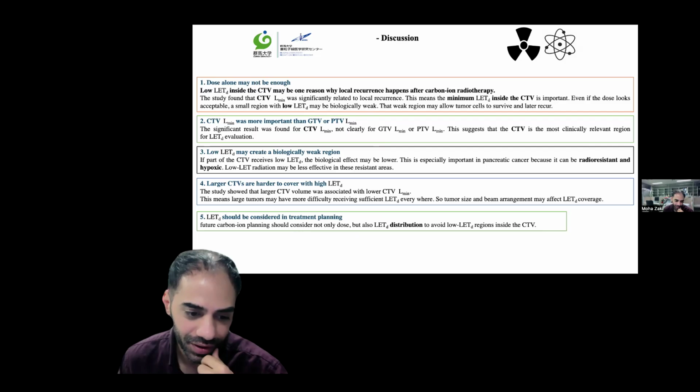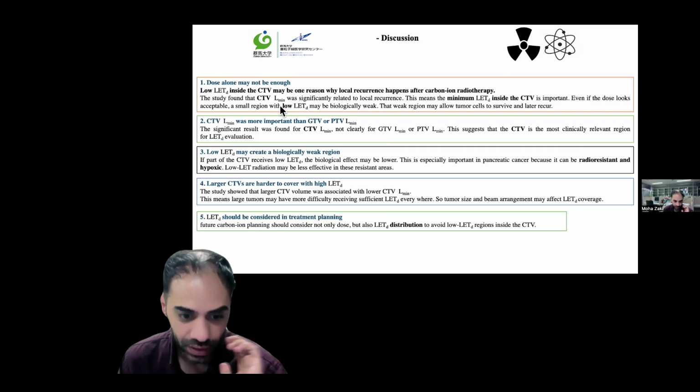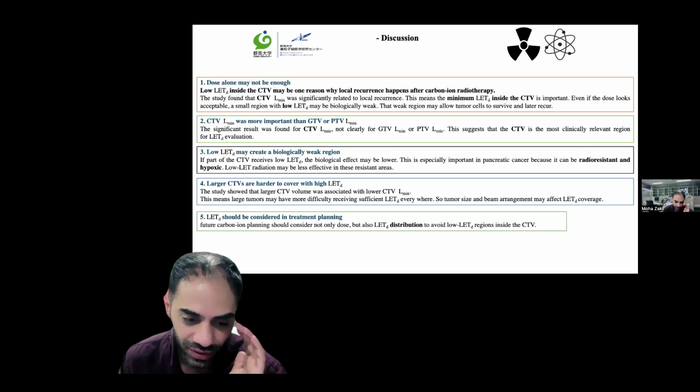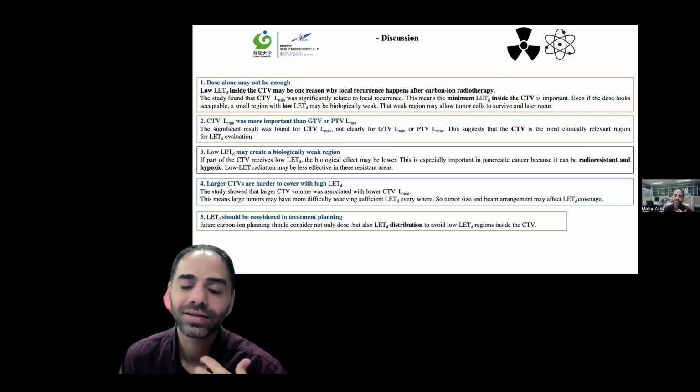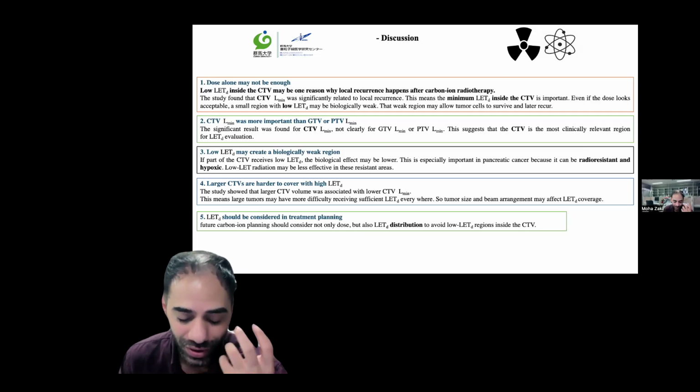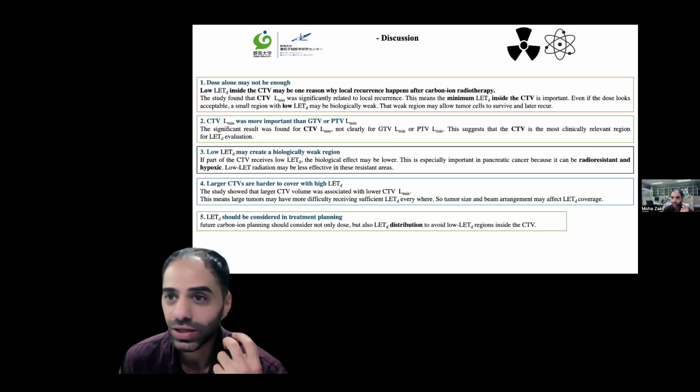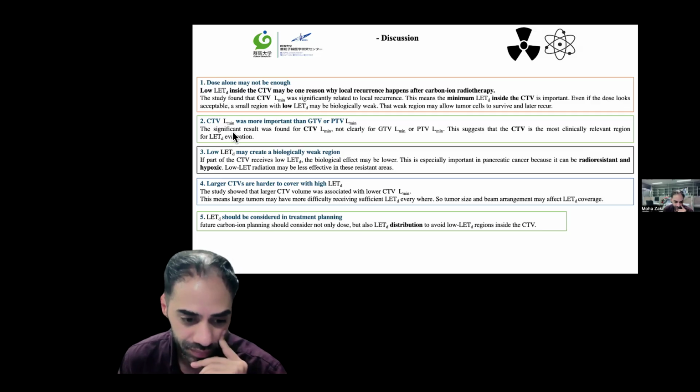The second point is that clinical target volume low minimum dose average LET was more important than the GTV low minimum or PTV low minimum. This suggests that the clinical target volume is more relevant for dose average LET evaluation.